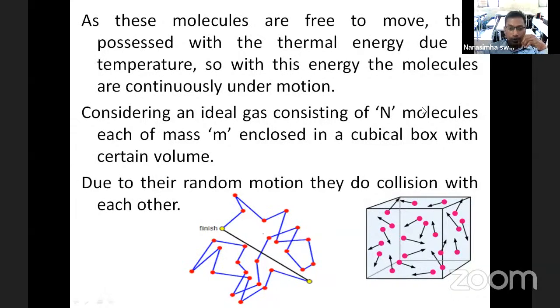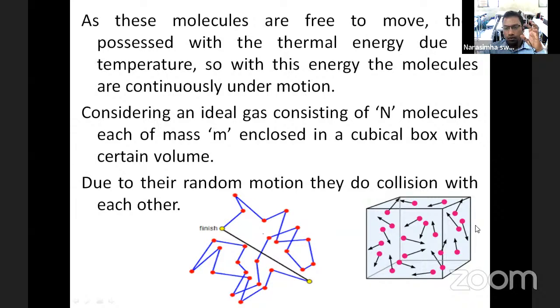Due to their random motion, they collide with each other. We know the gaseous molecules move in random directions, and you can see in the diagram that a particular molecule or atom moves in different directions. While it is moving from one point to another, it may collide with a number of neighboring particles along with the walls of the container.